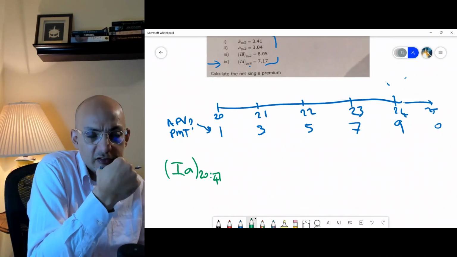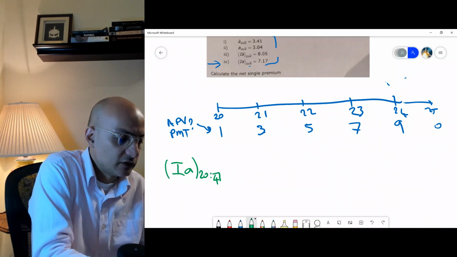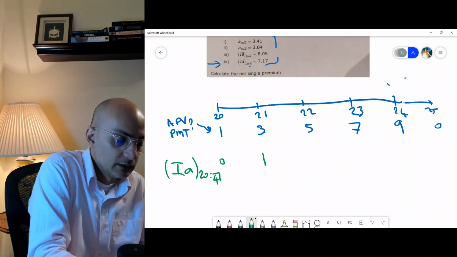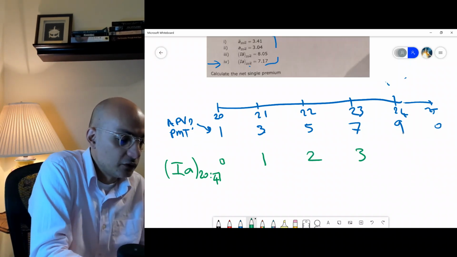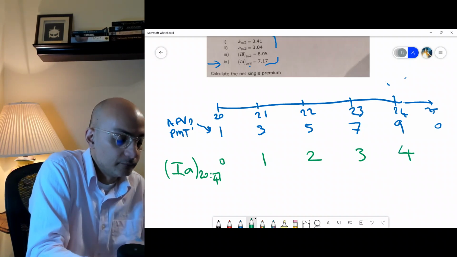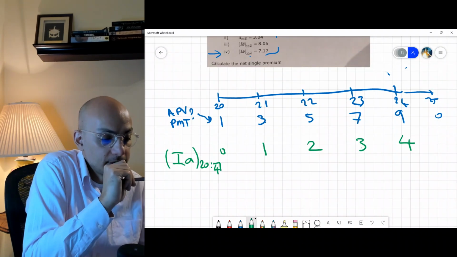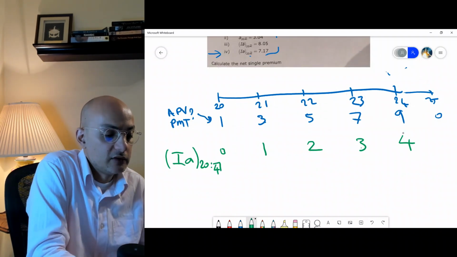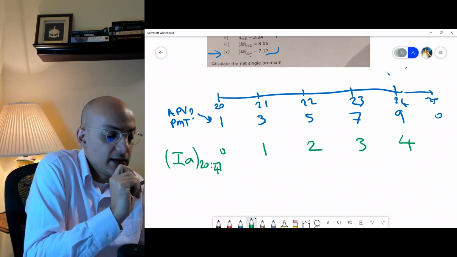Now this is at the end of the year, right? And it's increasing. It starts with 1 and increases. So at the beginning of the year, it doesn't give anything. It gives us 1 here, 2, 3. How many terms? 4. So we need 4 terms: 1, 2, 3, 4. But here you see it's different, so maybe we can make a little adjustment.